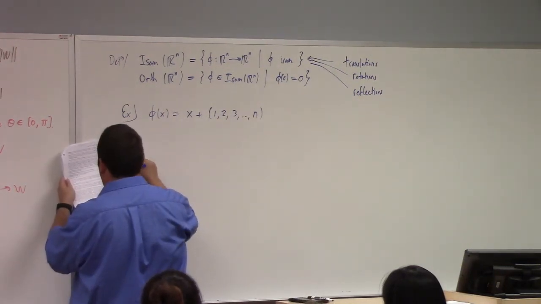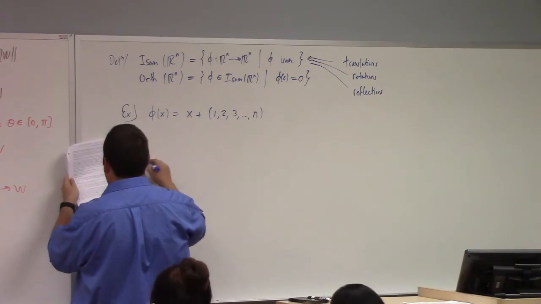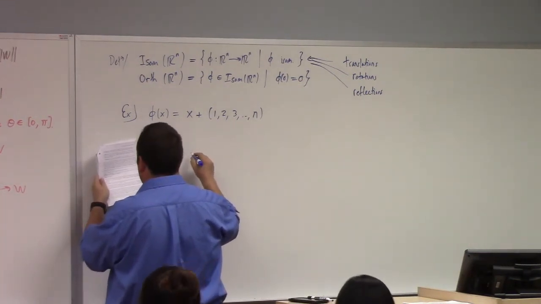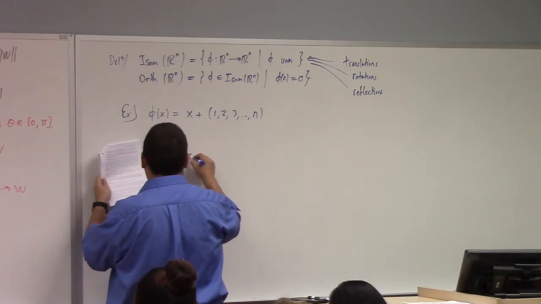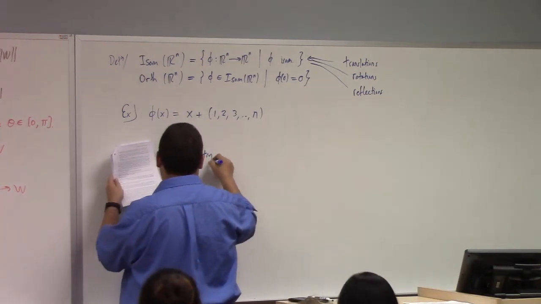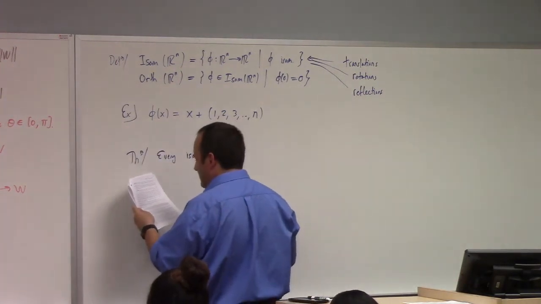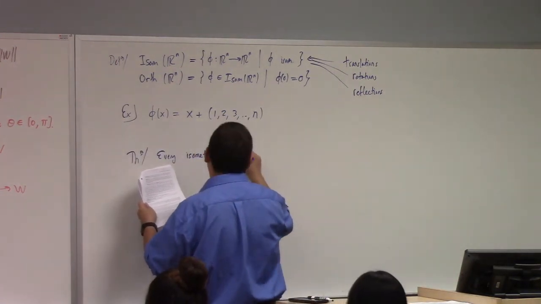So, theorem: every isometry of Rn is a bijection. Why is that interesting?